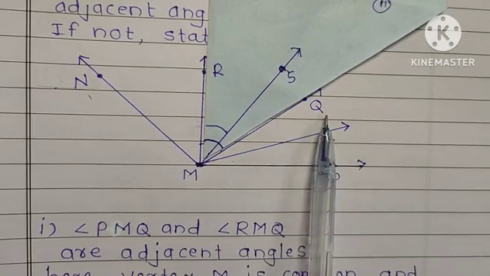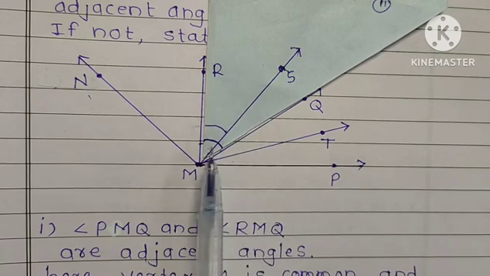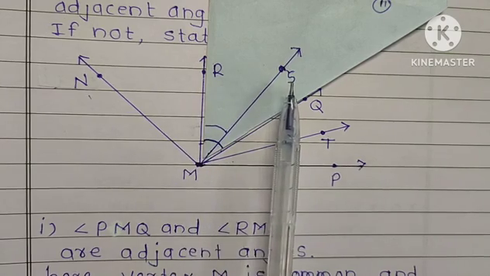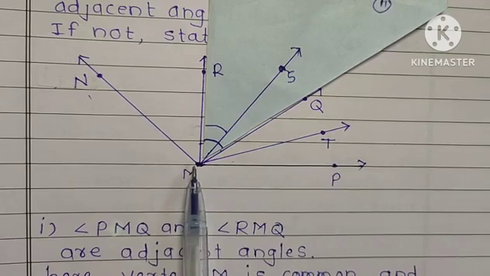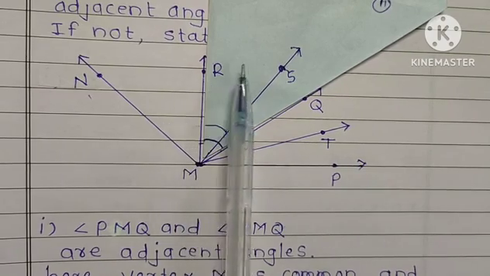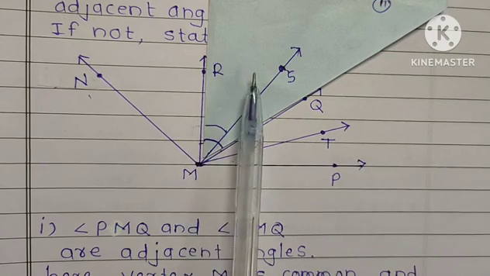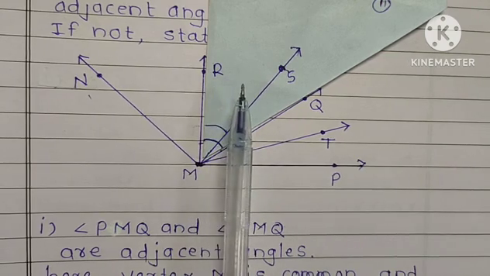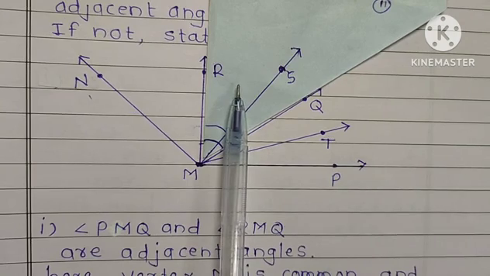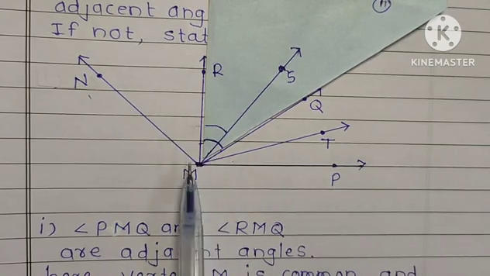Second angle SMR, interior part is this. This interior part is also an interior part of the other angle.